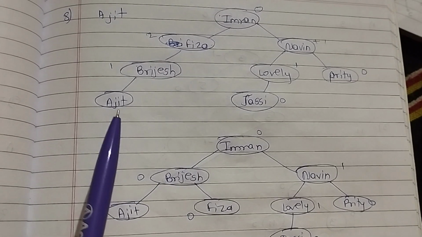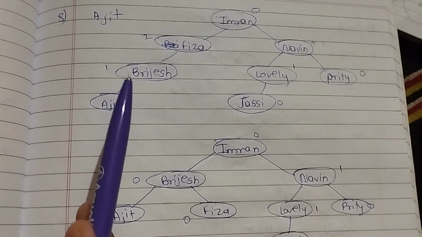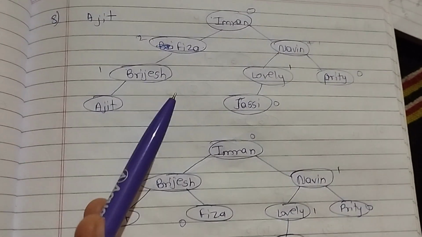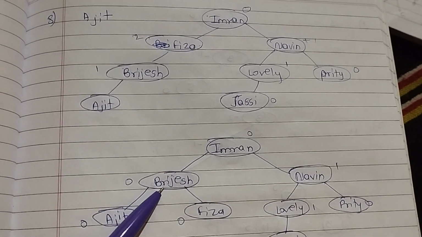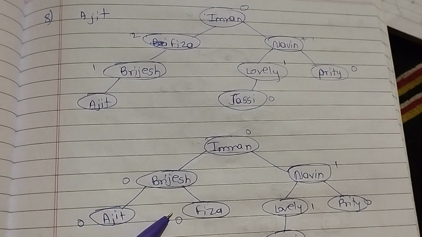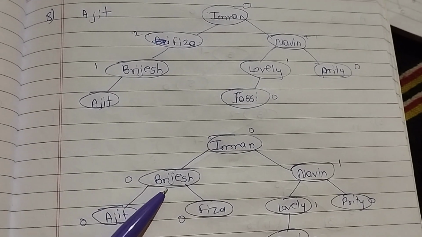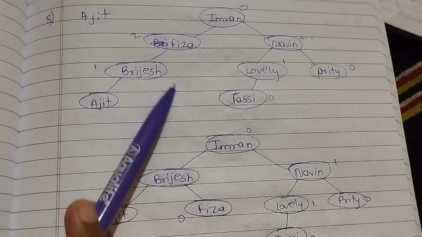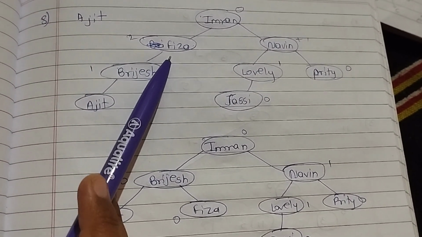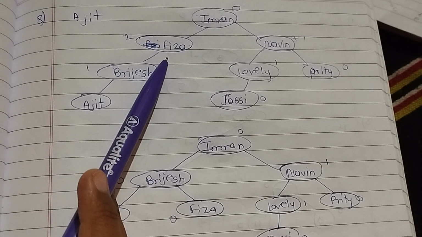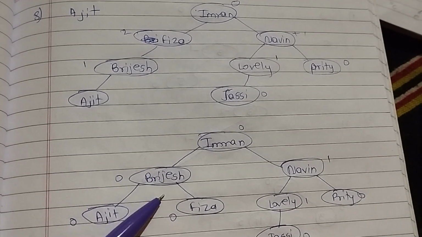So +2 has come, and that's why we rotate in the clockwise direction. Now Brijesh comes upward and Fiza becomes the right child of Brijesh. Only Fiza creates the problem, so we rotate only Fiza and Brijesh.